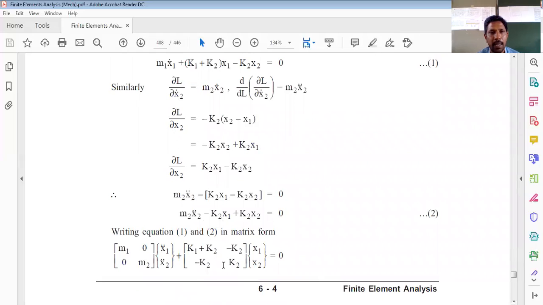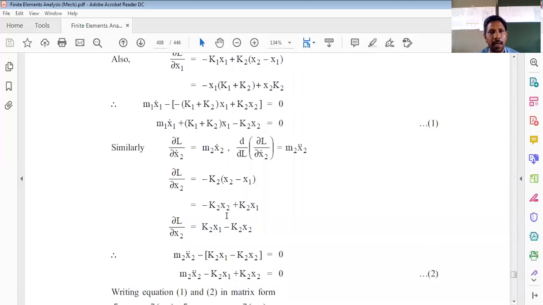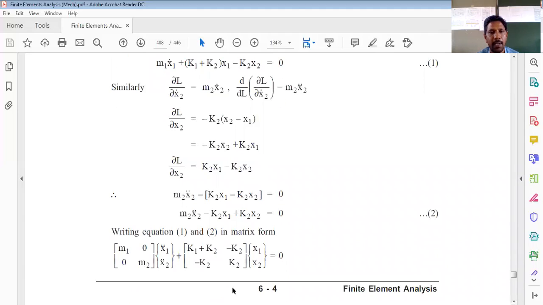Writing these two equations in matrix form, the coefficients of x1 double dot and x2 double dot are m1 and m2. So we get the matrix m1 0 0 m2 multiplied with the acceleration terms x1 double dot and x2 double dot, plus the coefficients of x1 and x2. In equation 1, the coefficient of x1 is k1 plus k2 and the coefficient of x2 is minus k2.